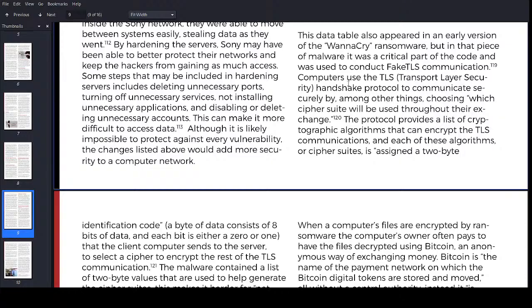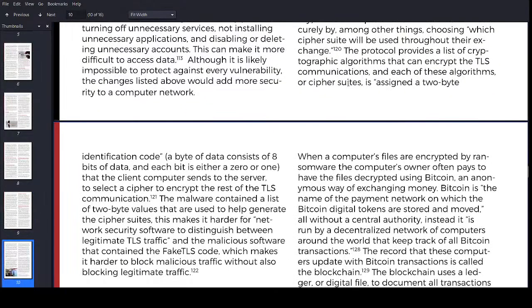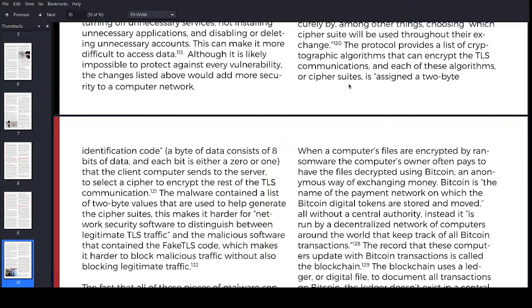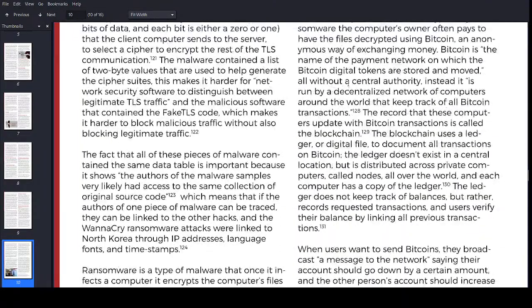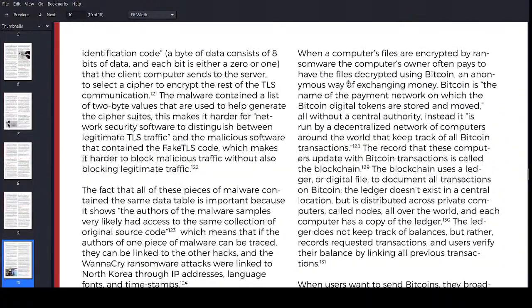The protocol provides a list of cryptographic algorithms that can encrypt the TLS communications. Each of these algorithms or cipher suites is assigned a 2-byte identification code. A byte of data consists of 8 bits of data, and each bit is either a 0 or 1. That is what the client computer sends to the server to select a cipher to encrypt the rest of the TLS communication.